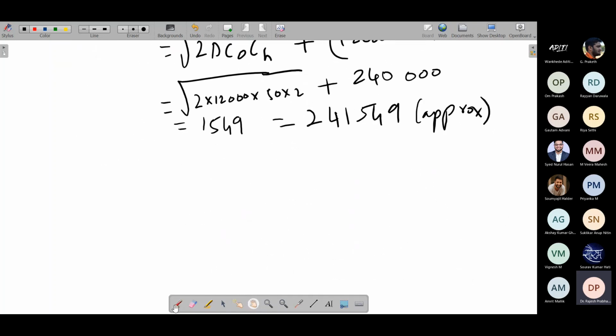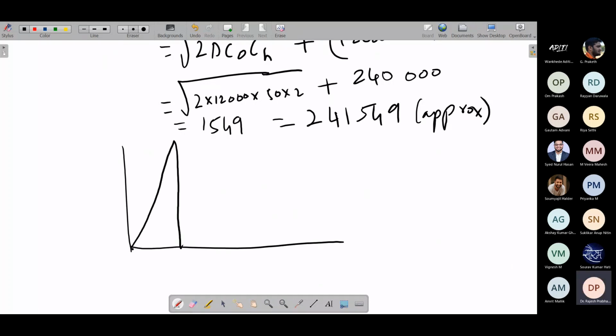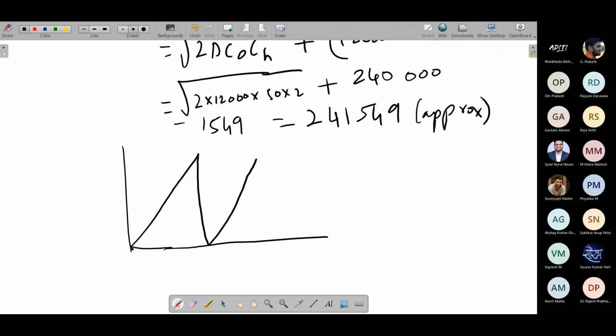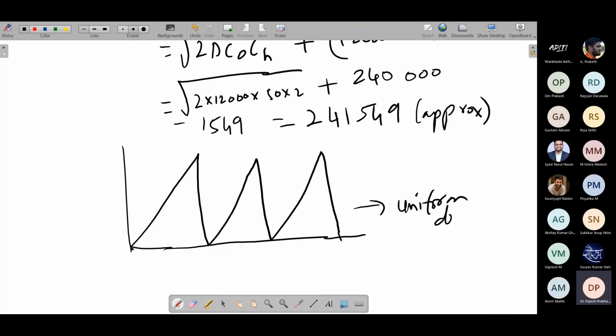This whole calculation is for uniform demand. Right? All of you got this?